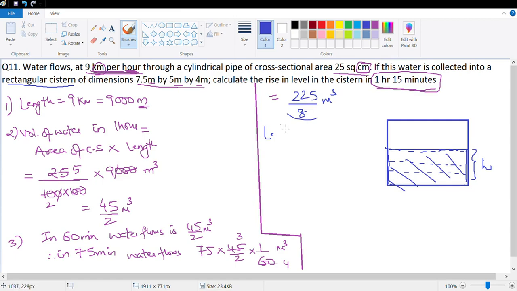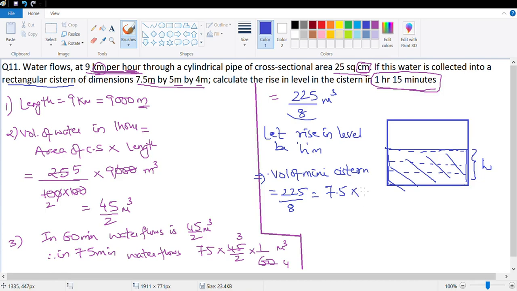So let rise in level be h meter. Volume of mini cistern would be equal to 225 by 8. Volume of a cuboid is given by length into breadth into height. So length is 7.5, breadth is 5, and height is h.